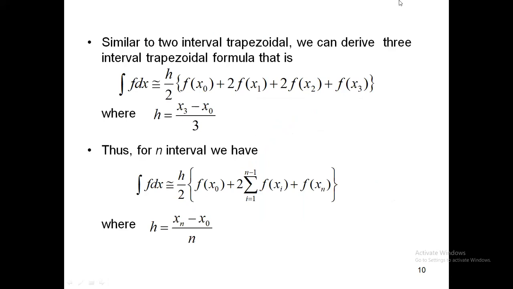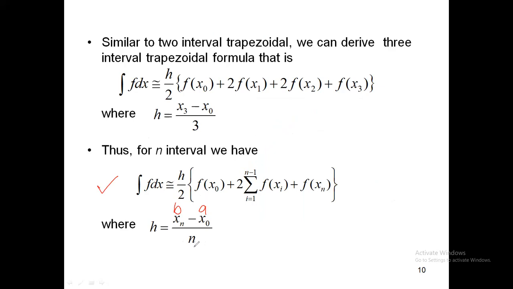So I'd like to annotate here just to emphasize. In this particular formula, I'm referring to this. You have h divided by 2, where h is x sub n minus x sub o, divided by n. Your x sub n is the upper limit of the integral, let's say it's letter b. And your x sub o is the lower limit of the integral, which is a.